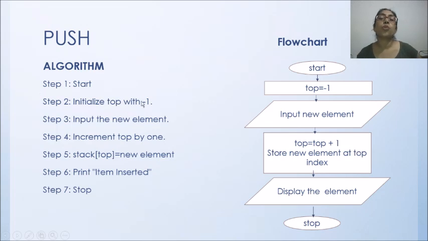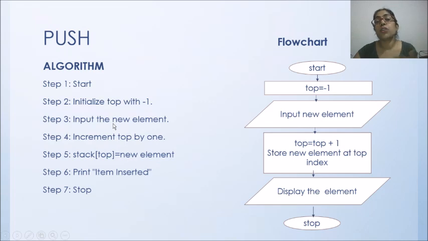Suppose you want to create a new stack. In a new stack there will be no element, that means there will be no top inside the stack. And you know that a sequence always starts from 0, so we are taking -1 to depict that there is no element in the stack. So we are initializing this top index to -1.